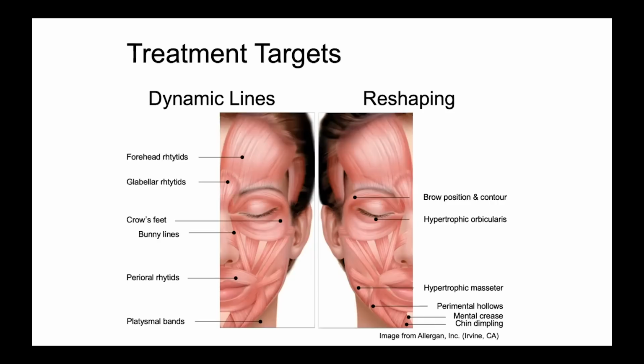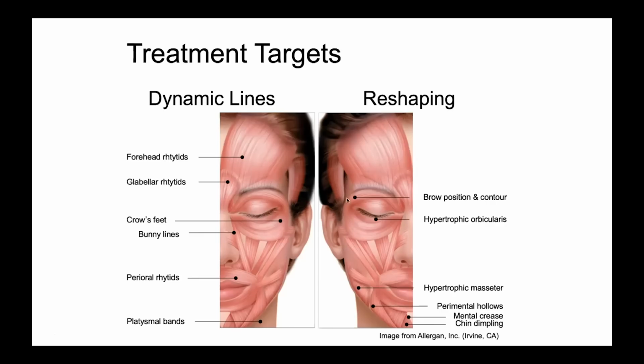But we can also use Botox to reshape or to lift structures too. So any muscle that brings the eyelid down, or the corner of the mouth down, we can actually paralyze that muscle, so the opposing muscles that bring the eyelid or the corner of the mouth up act unopposed, and we can get a little bit of lifting of these structures.